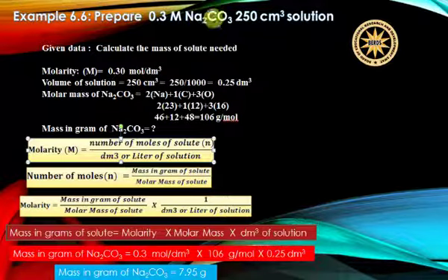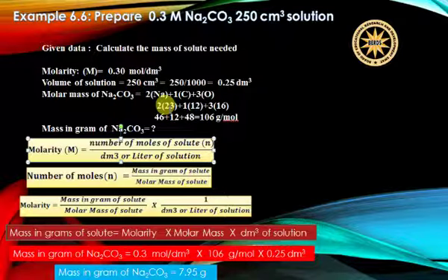The solute is here sodium carbonate, so we are going to calculate the molar mass of sodium carbonate. Here we have 2 sodium, so 2 is multiplied by sodium, plus 1 carbon, so 1 multiplied by carbon, and then plus 3 multiplied by O. This O is oxygen, so 3 multiplied by oxygen.